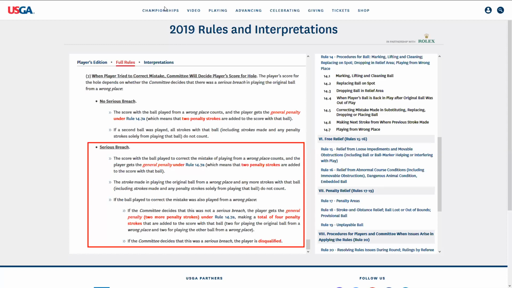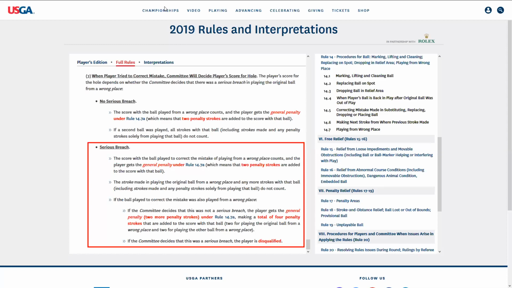If the lie was altered, and I think the words lie altered mean for better or for worse, it doesn't just mean for better, you are obligated to recreate your lie. So if your ball was in a bunker and then the other person alters your lie, you have to recreate it.